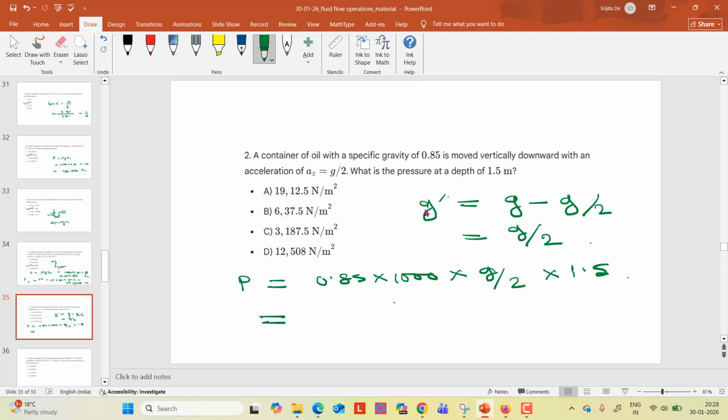It is coming as 6253.875 Newton per meter square. Okay, the answer is missing, I guess, but this is the right answer. Maybe there is a printing mistake there.